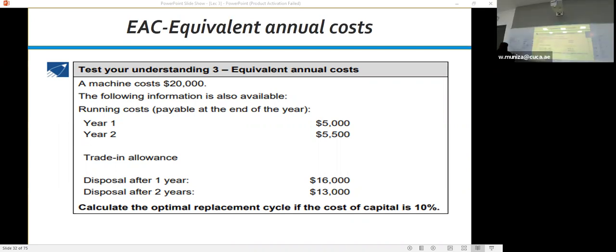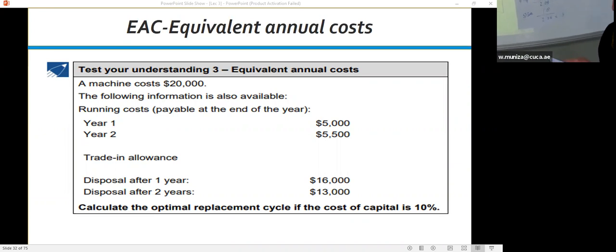How much is EAC? 10,570. So this replacement strategy, the second one, is giving lesser loss. So we should be going for the second, to replace the asset in the second year. Let me confirm. 10,570, yes, and 11,002. Okay, fine.